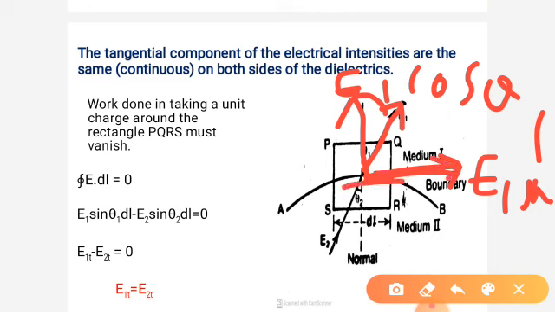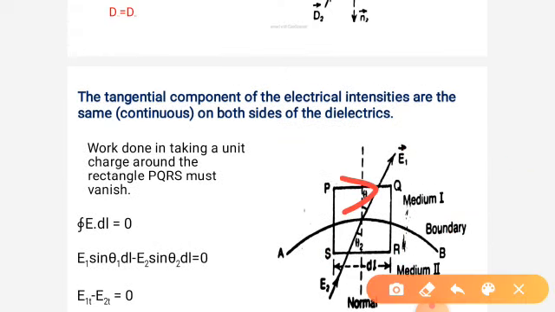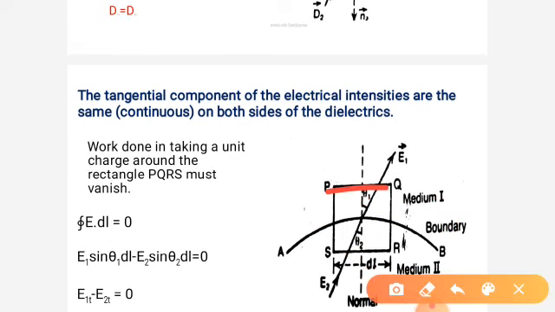So work done in moving like this, we take the tangential component E1 sin theta 1. Here it is in opposite direction. Work done in moving like this. Both are opposite. So E1 sin theta 1 dl minus E2 sin theta 2 dl is equal to 0.